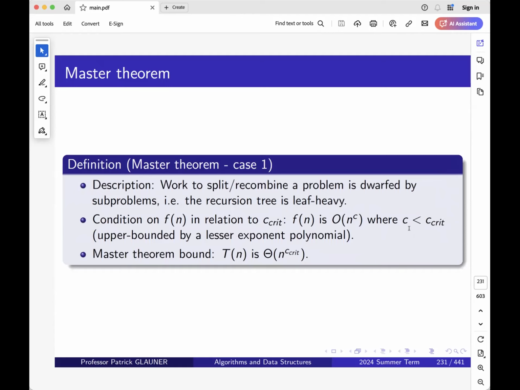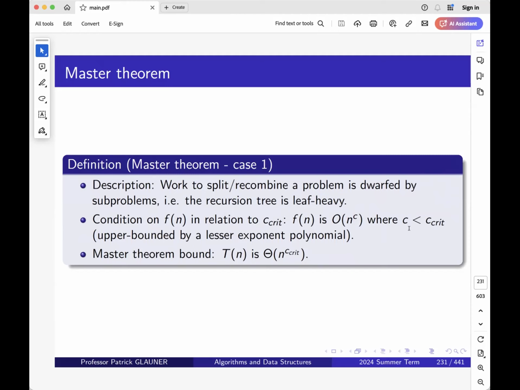And we're starting with case one. Case one describes those recurrence relations which are leaf heavy. We've seen before the concept of a recursion tree, that a recursion can be represented as a tree.